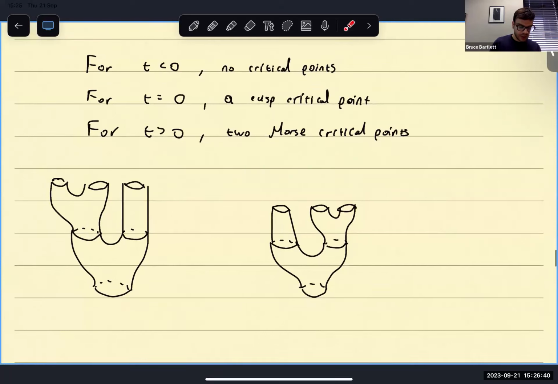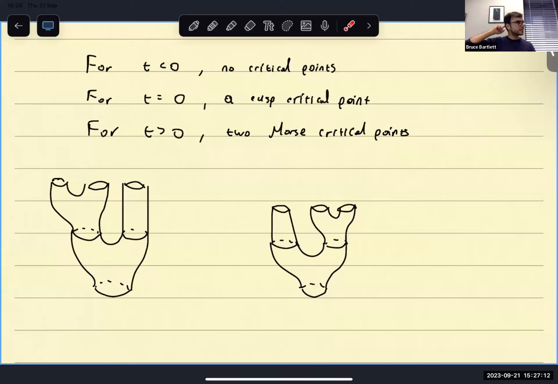Here the Morse functions that I am considering are just the height functions. And here I'm describing a path of Morse functions, this movie that takes the top critical point and the bottom critical point and passes them along.